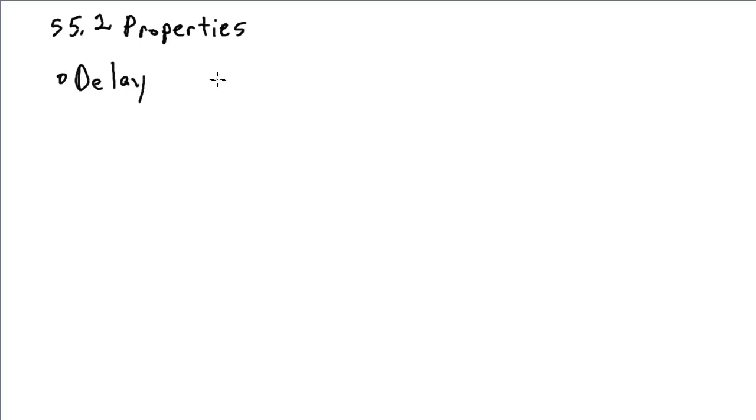So here, the notation we're using: the Z-transform of the causal sequence x of n, u of n is equal to X of z. So this is the notation that we're using.